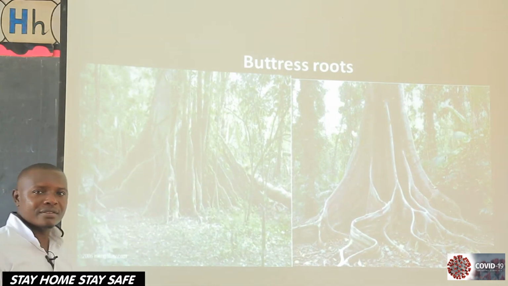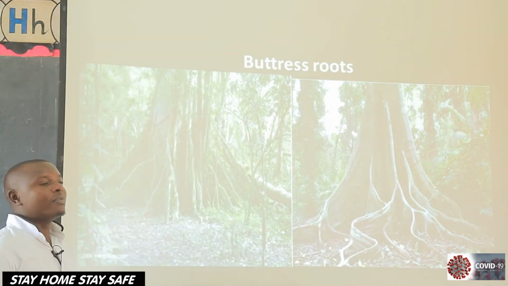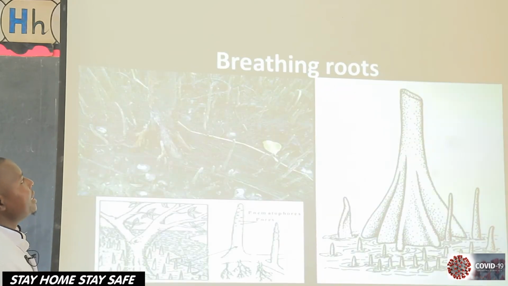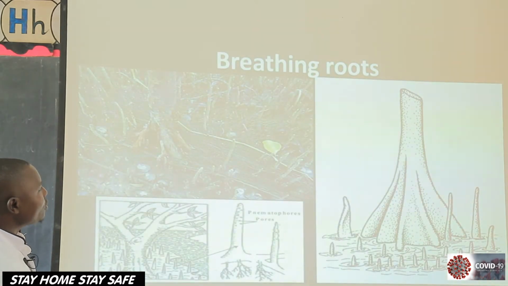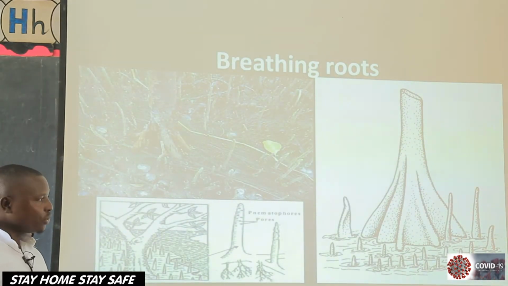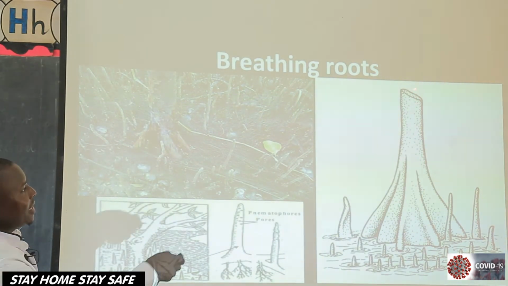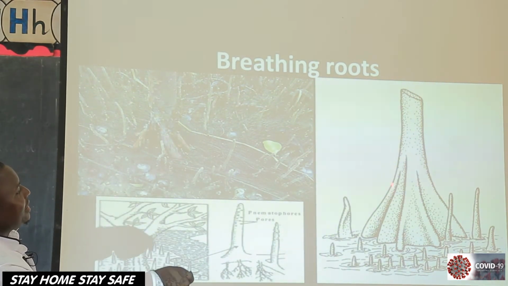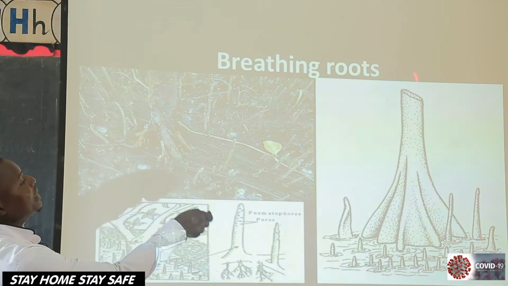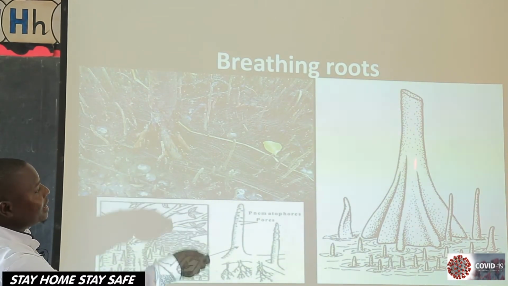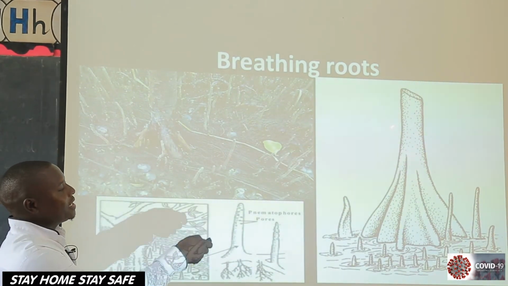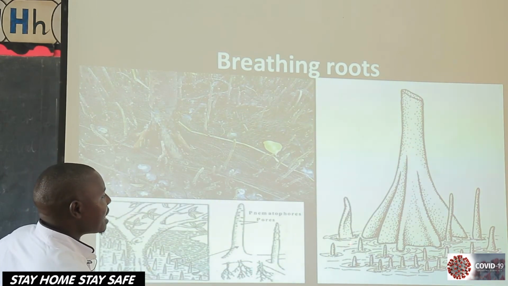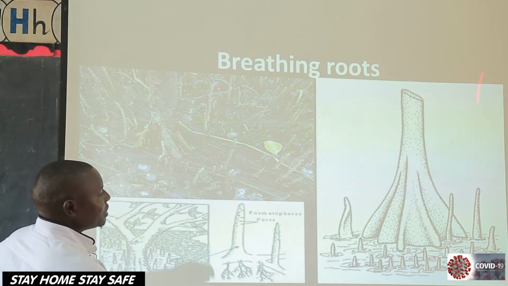Let's look at another type of adventitious root, and that is breathing roots. You can look at this diagram. Let's begin with this side. So this is a major plant or tree. Now, when you look at this one, we find some roots that are coming from the soil, coming up.